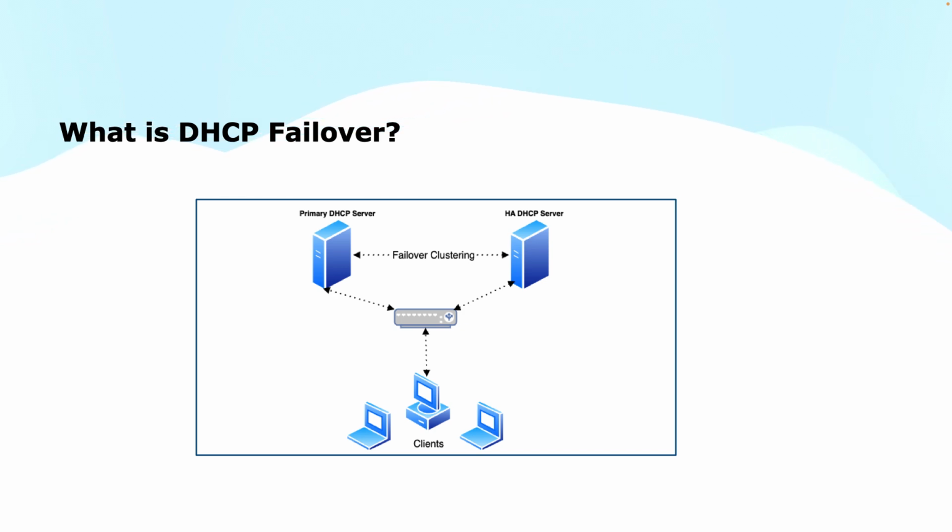Now, imagine if that server goes down. Suddenly, the devices can't get IP addresses, leading to connectivity issues. That's where DHCP failover steps in. It allows two DHCP servers to share their lease information, ensuring that if one server fails, the other can take over, keeping everything running smoothly.